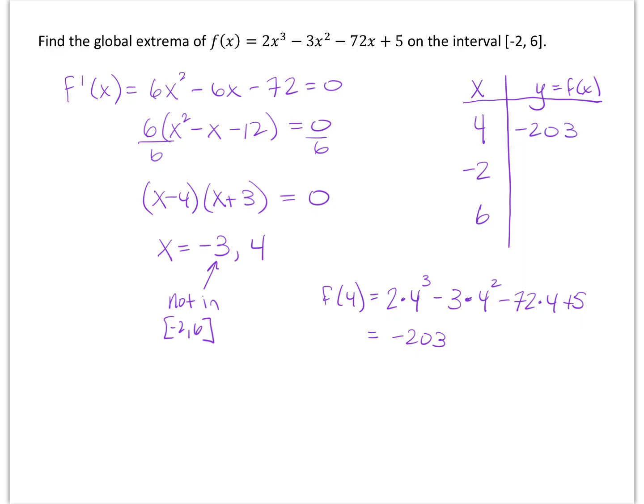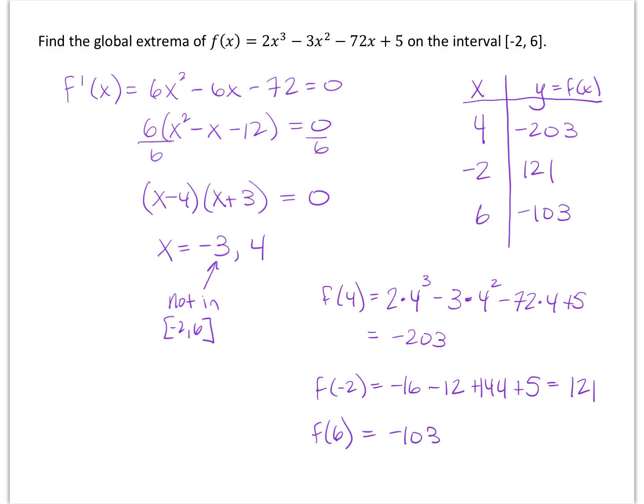And then f of -2: -2 cubed is -8 times 2 is -16. -2 squared is 4 times -3 is -12. -2 times -72 is 144. And then plus 5, and that comes out to 121. And f of 6, you don't have to use a calculator, you can figure this out in your head, but I'll just tell you it comes out to -103.